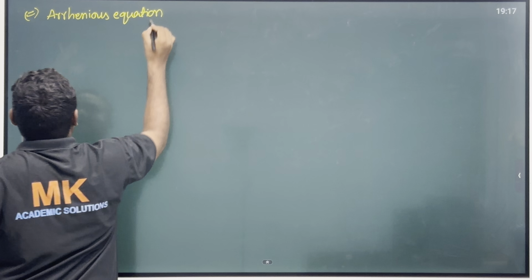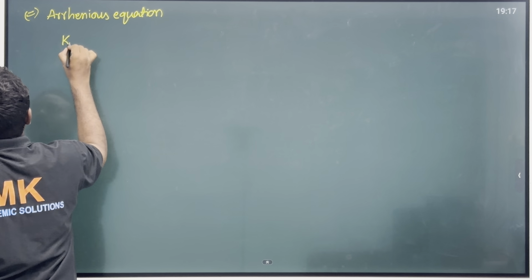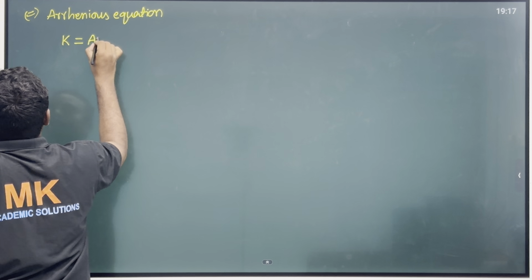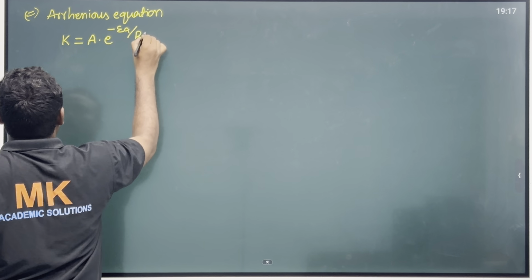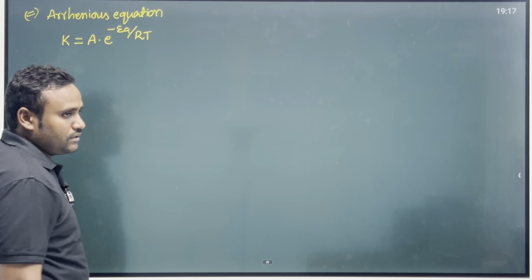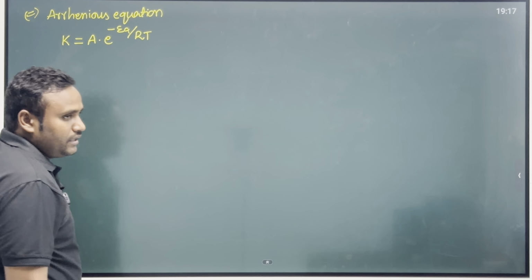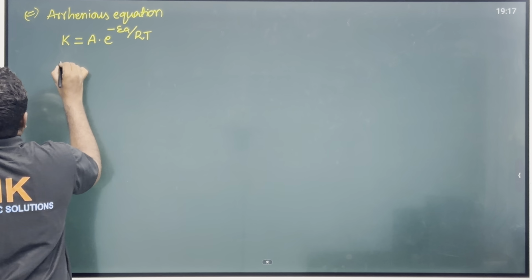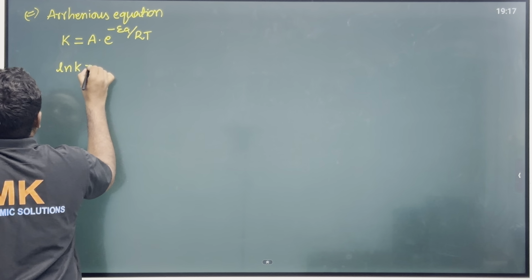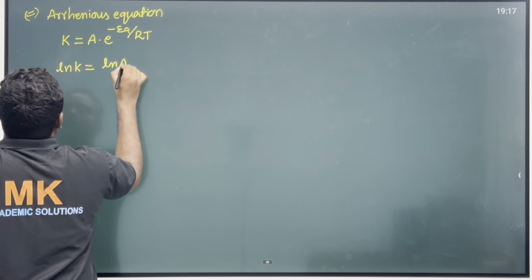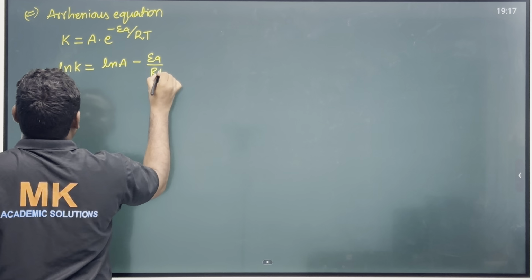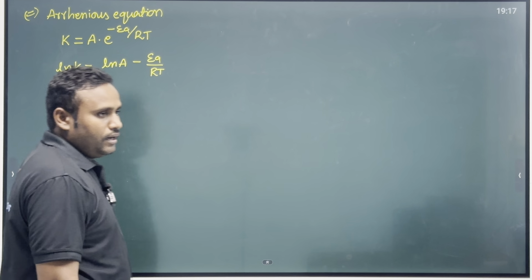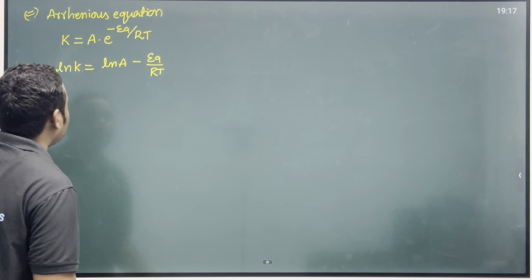We know the Arrhenius equation: k is equal to A into e power minus Ea by RT. Now let us modify this Arrhenius equation as ln k is equal to ln A minus Ea by RT.